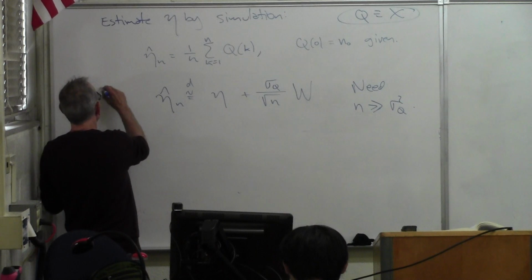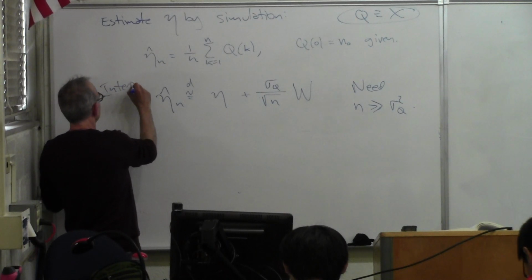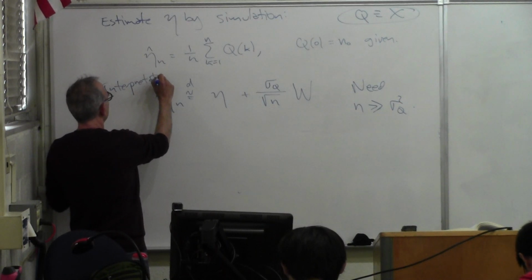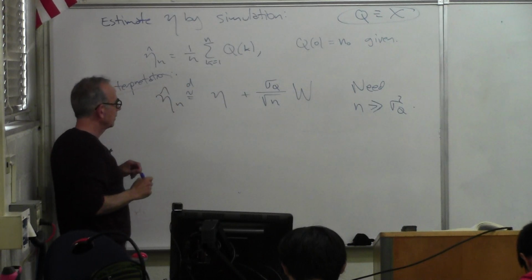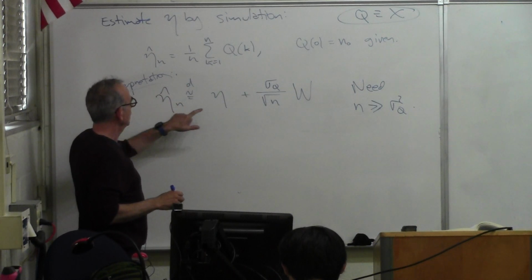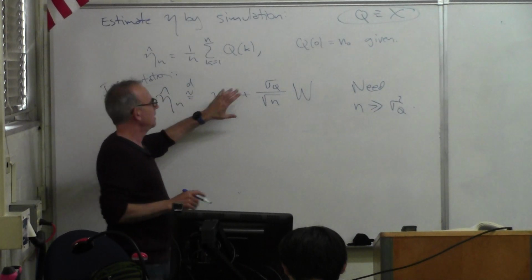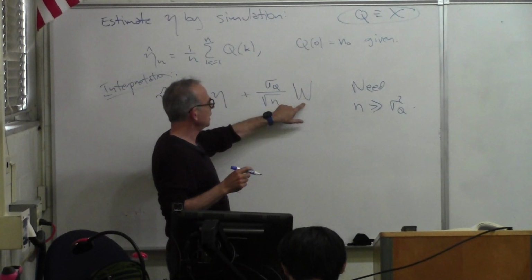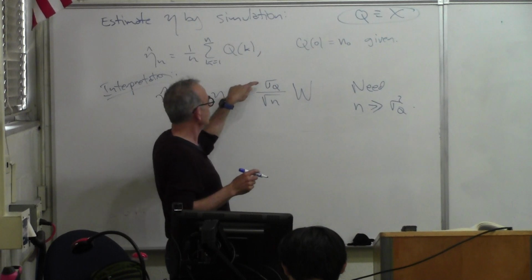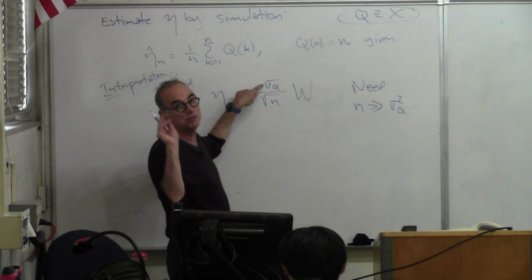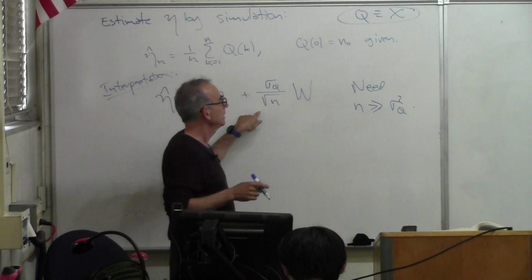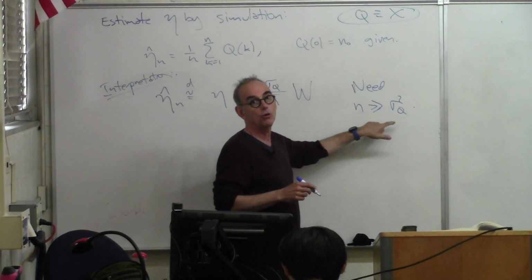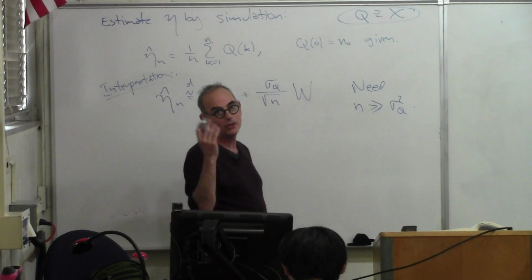This is just an interpretation: that my estimate at time n is reality plus, in some distributional approximate sense, a standard Gaussian random variable times the asymptotic standard deviation divided by the square root of n. So we need this to hold.